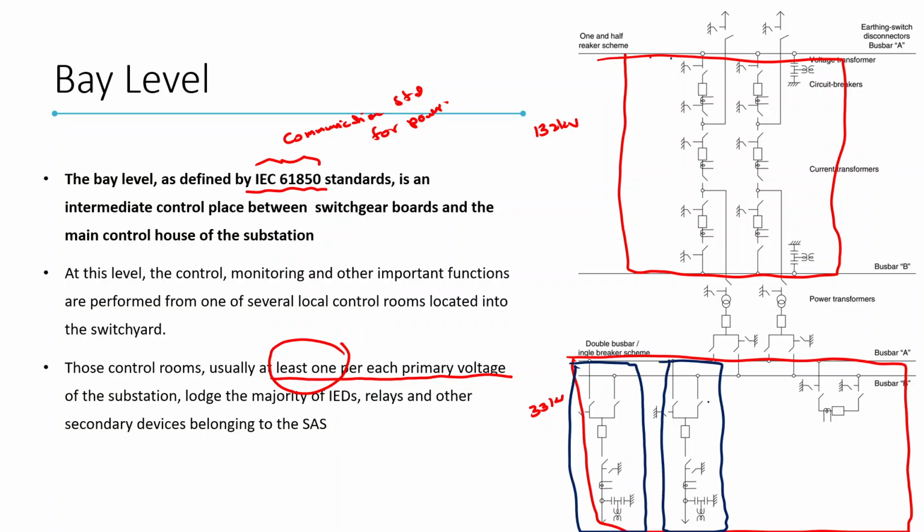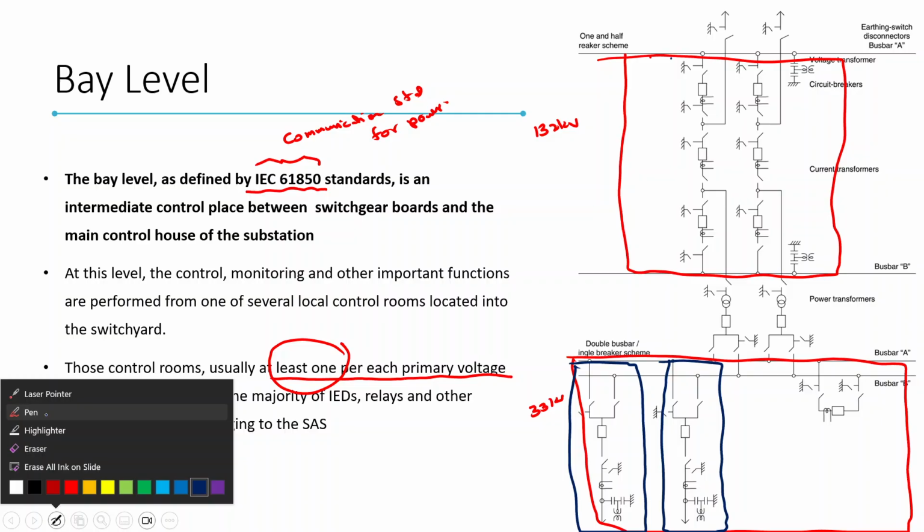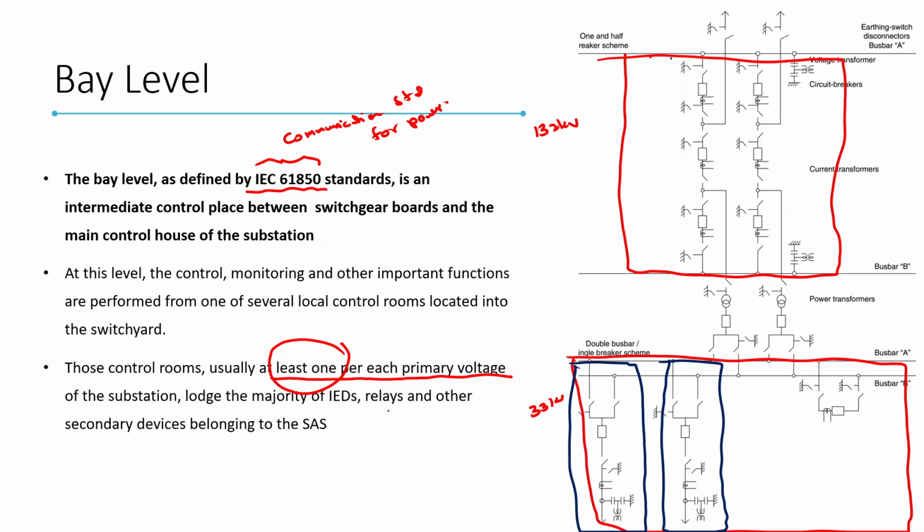If you have a large number of feeders, you can have a couple of feeders together with one intermediate control room. But at least you can have one control room or bay control for each voltage level.